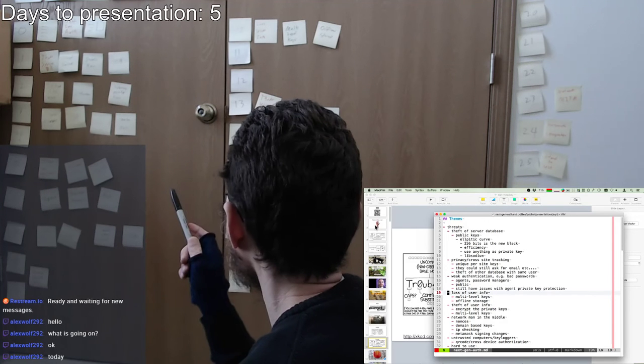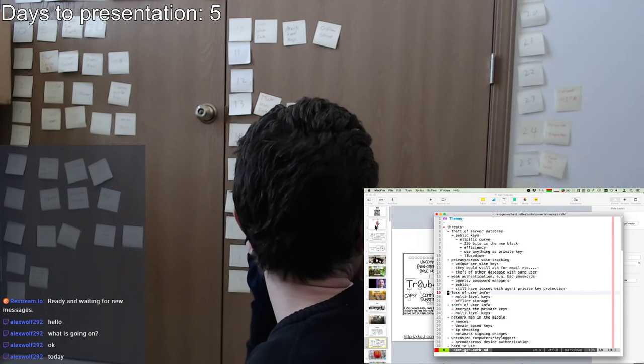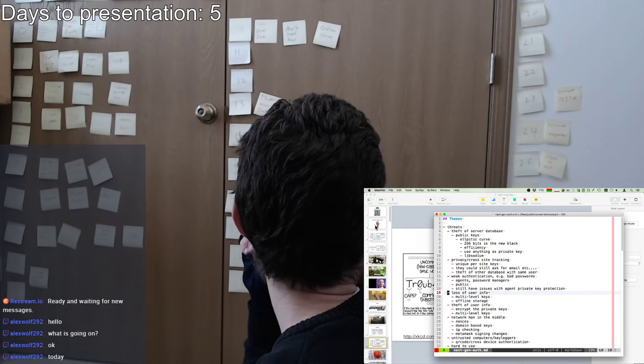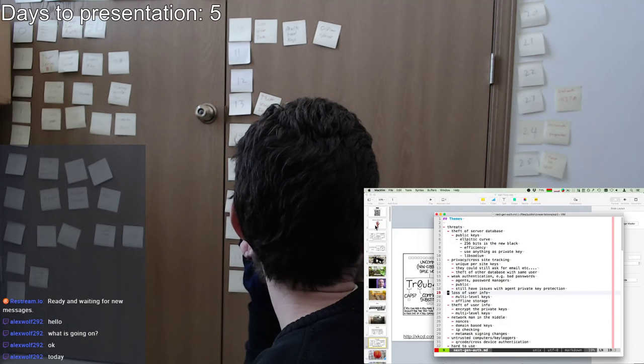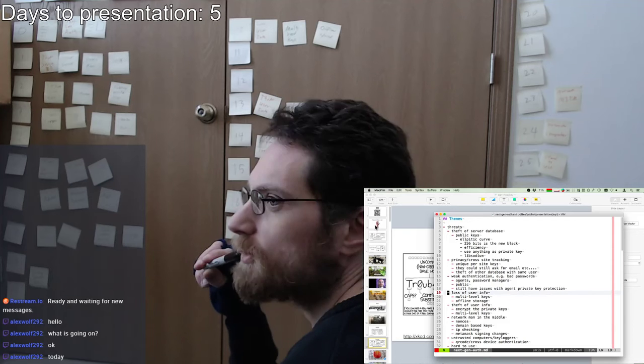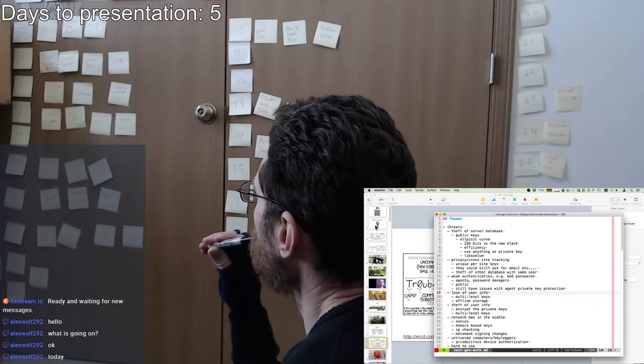I might need to expand on that. We might want to bring over some other stuff on the server side. Probably need to touch on second factor somewhere, not sure where.